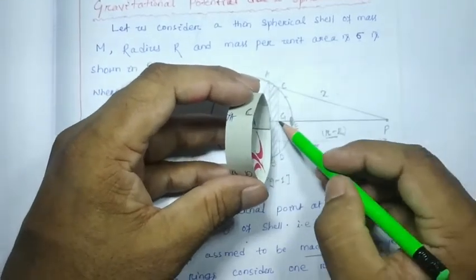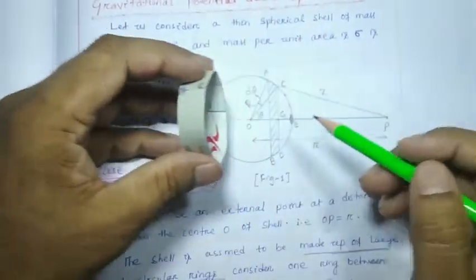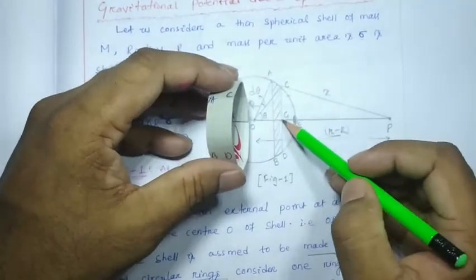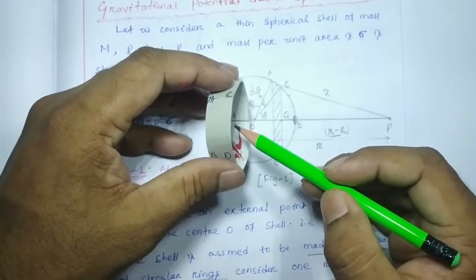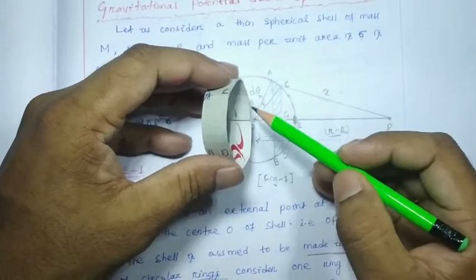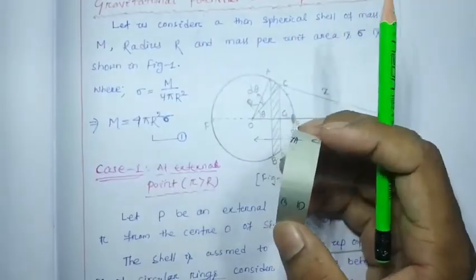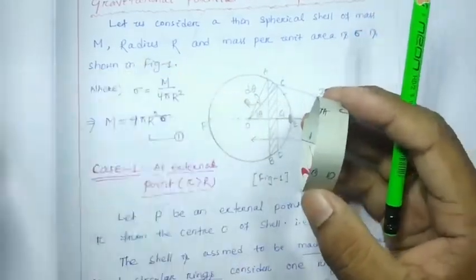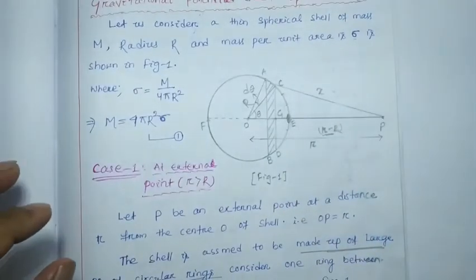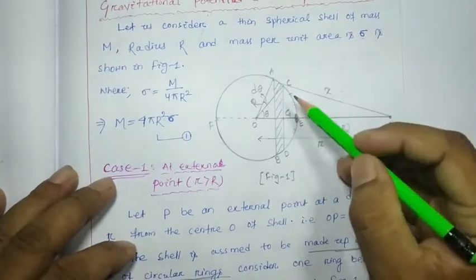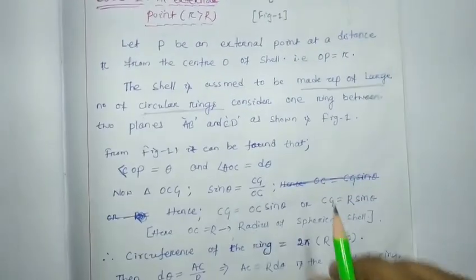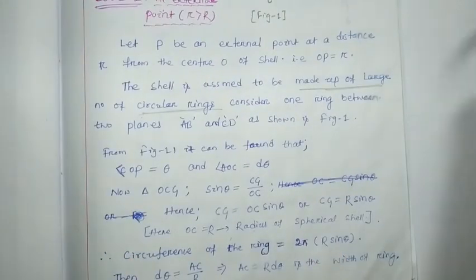This center is nothing but G. So CG is the radius of this circle, whatever I have cut from this. That CG is the radius of this circle.